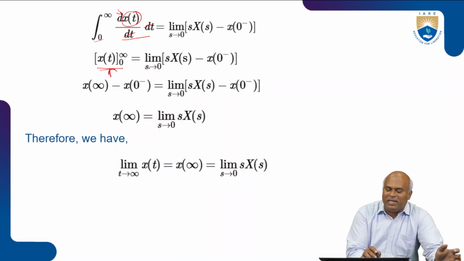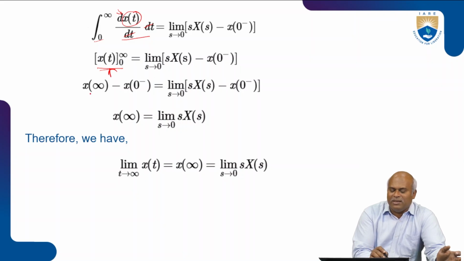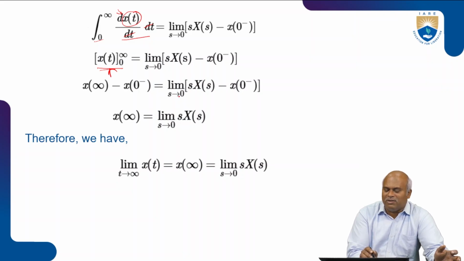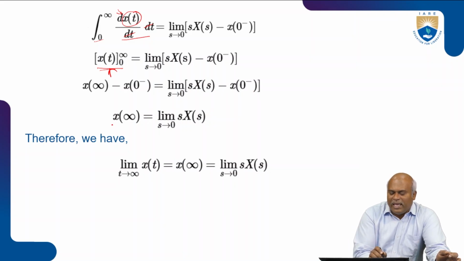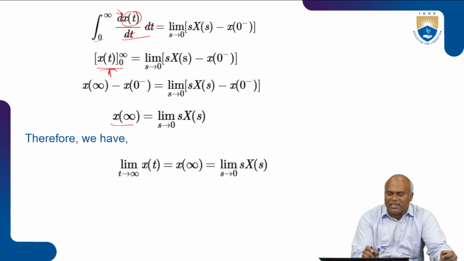But that limit is represented as 0 to infinity. Then limit s tends to infinity of s X(s) minus x(0-). You substitute the limit: x(infinity) minus, the first limit is infinity, the maximum limit, minus x(0-), equal to limit s tends to 0 of s X(s) minus x(0-). Now x(infinity) is equal to limit s tends to infinity of X(s).